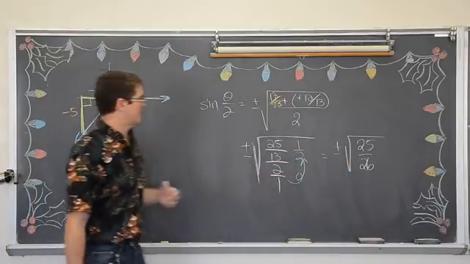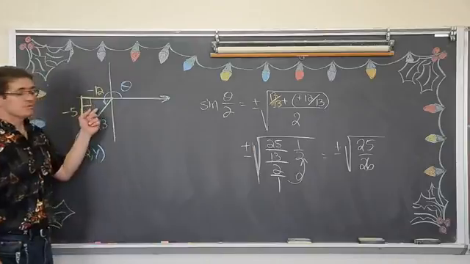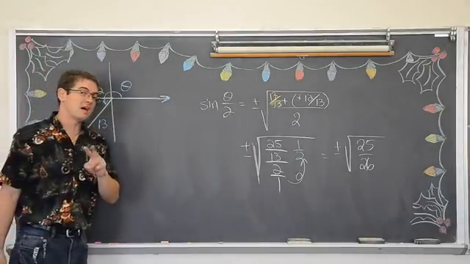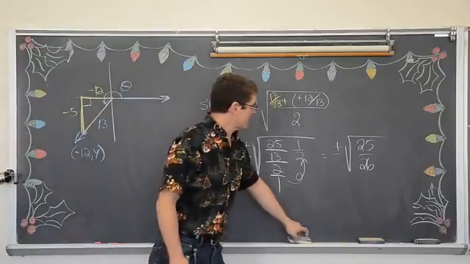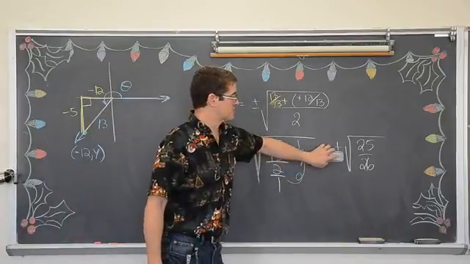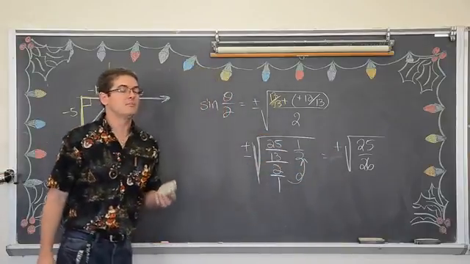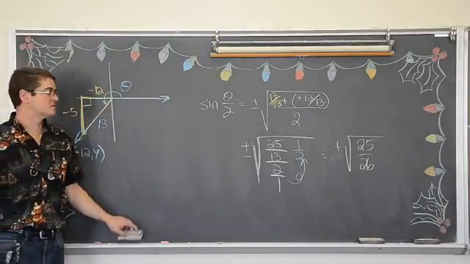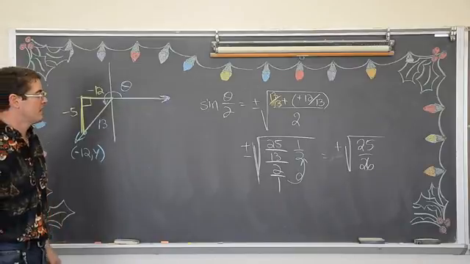But we just discussed how our half-angle is in quadrant 2, and sine is positive in quadrant 2. So I keep writing plus or minus, but really since we're in quadrant 2, the answer is going to be positive. You only know that by evaluating what quadrant you're in, so just make sure you pay attention to that.